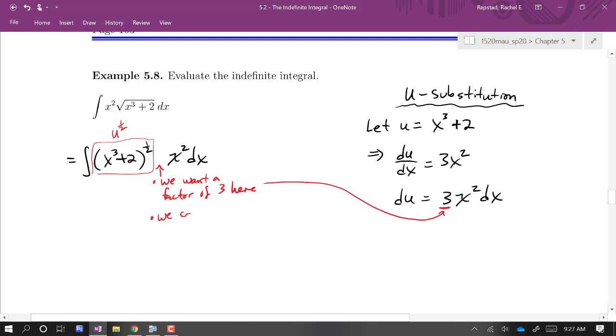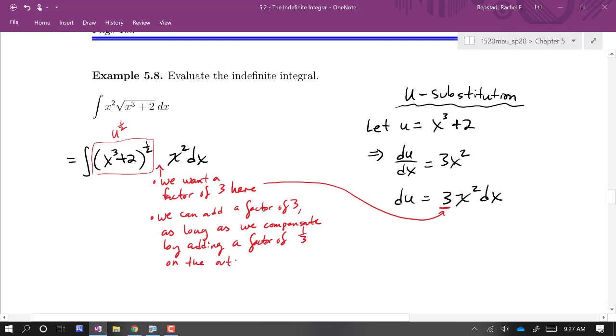So we can add a factor of 3, as long as we compensate by adding a factor of 1/3 on the outside. So here's what that looks like.